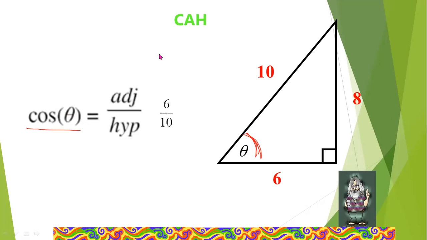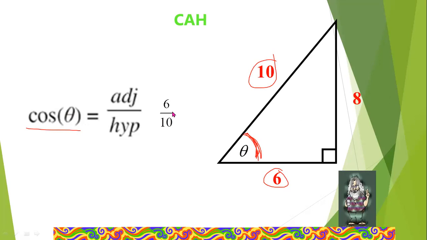The adjacent side is 6 and the hypotenuse is 10. Again, your theta is here. Now, what is then the ratio or the cosine theta?